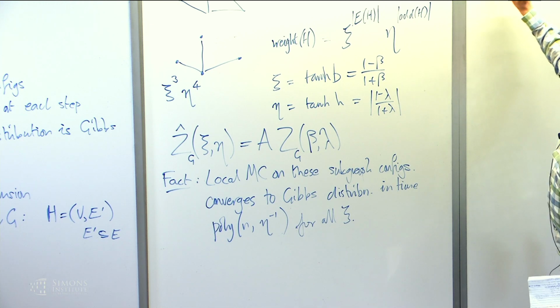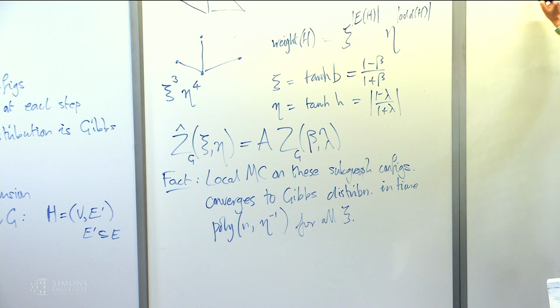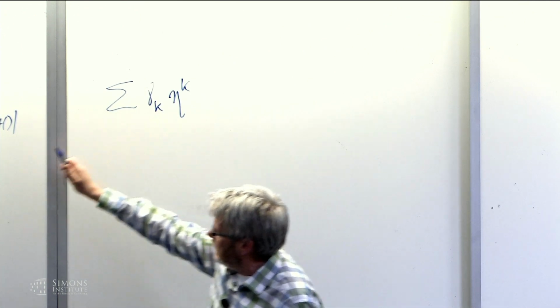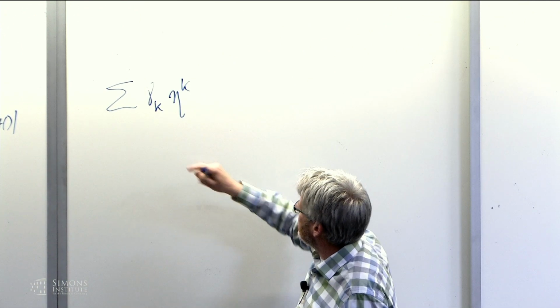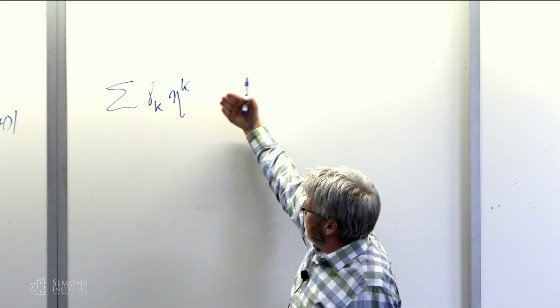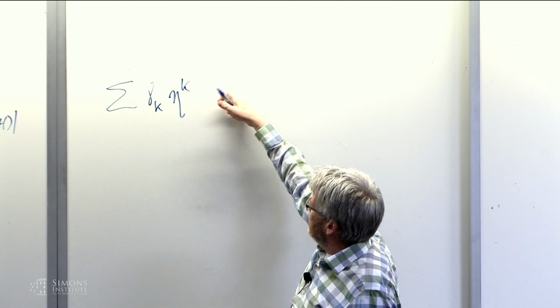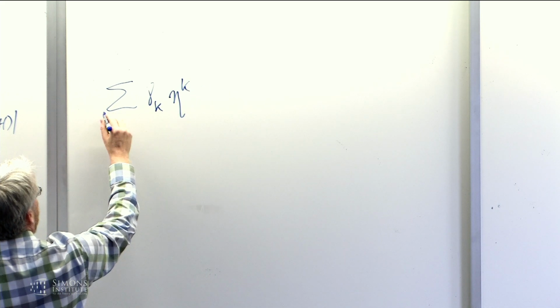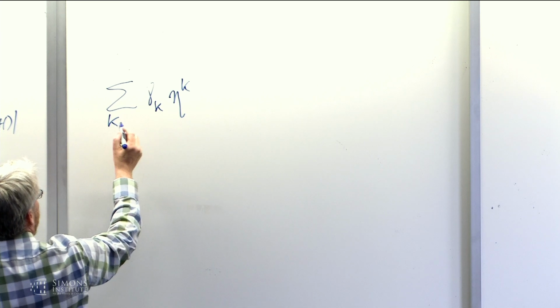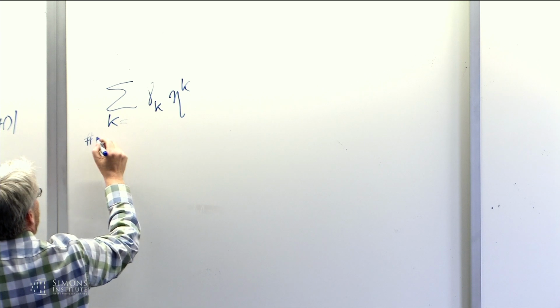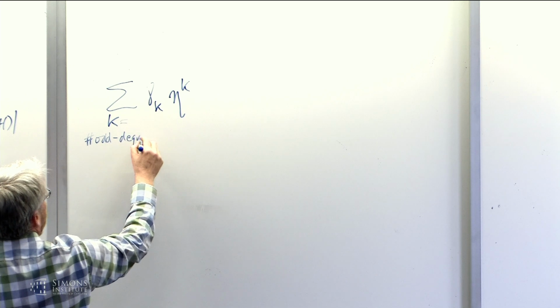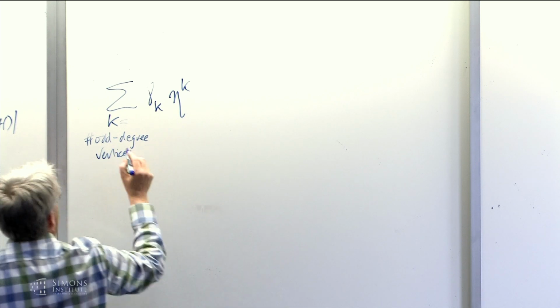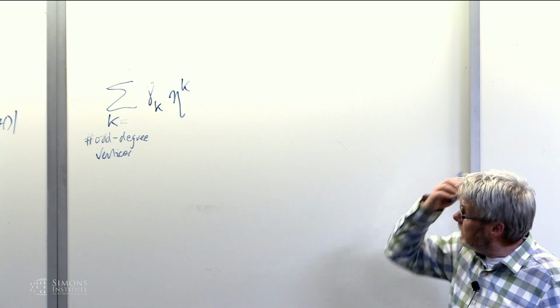So if we look at the polynomial sum of gamma k eta to the k, where these gamma k's code up the dependence on psi, this is the polynomial that counts subgraphs of a graph with k odd degree vertices. Of course, k has to be even.